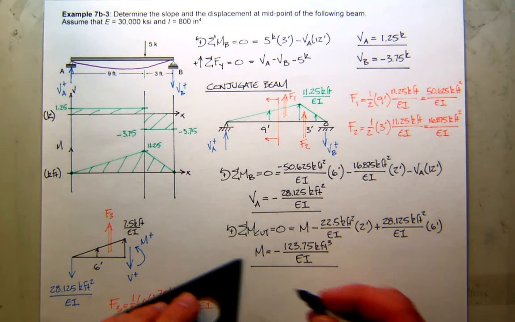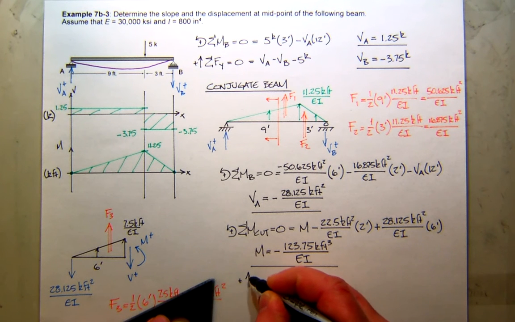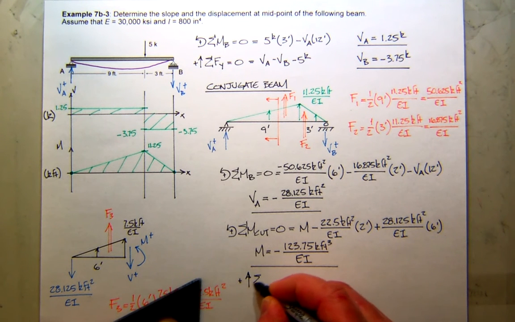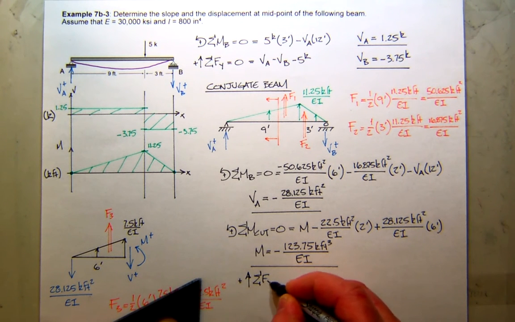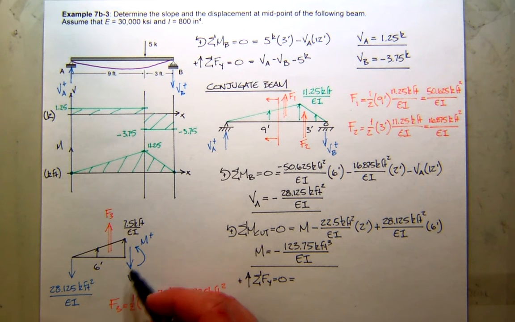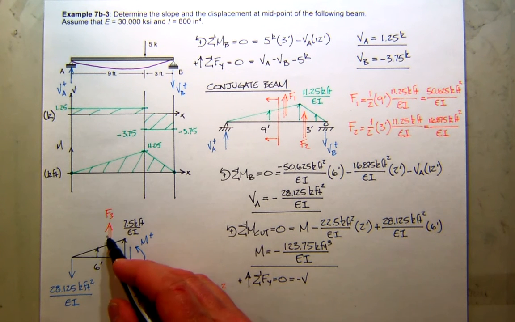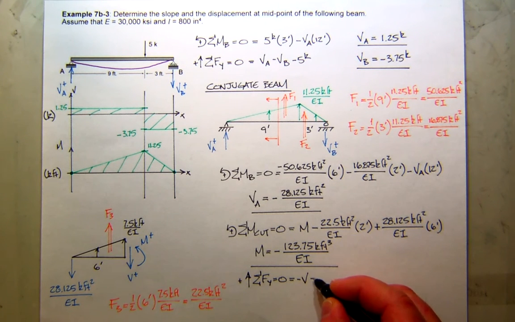Let's get the slope. Well, to get the slope, I'm going to find the shear. And to find the shear, I'm going to sum forces in the y direction. So looking at my free body diagram, my shear is acting down. I'm assuming up is positive, so that's a negative shear. My force 3 is up, that's positive.